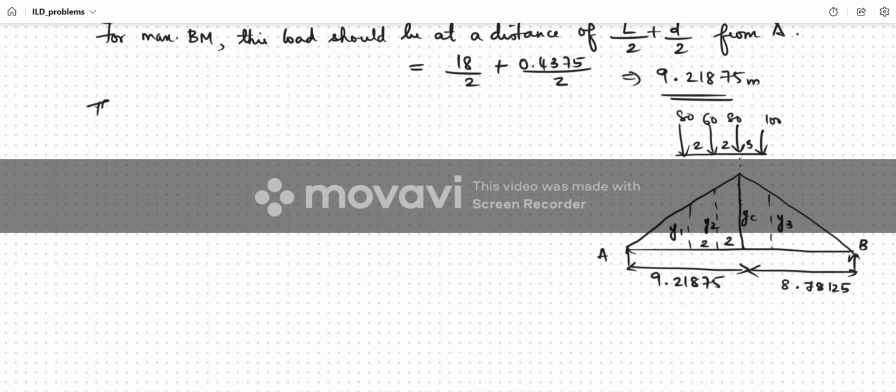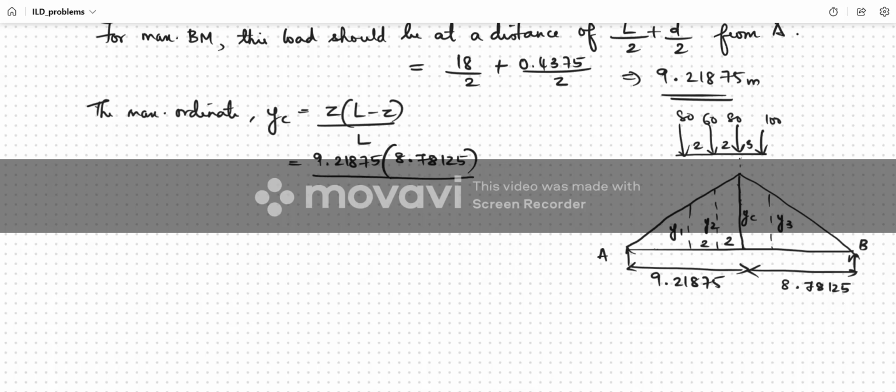So let us find the maximum ordinate, yc, which is given by z into L minus z by L. Here z is 9.21875 into 8.78125 divided by 18. So this gives you 4.497 as the ordinate.